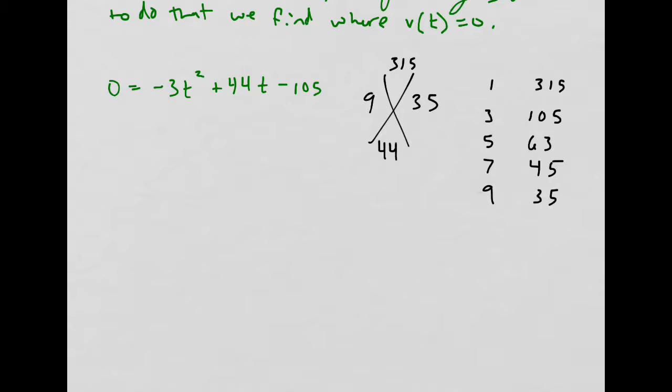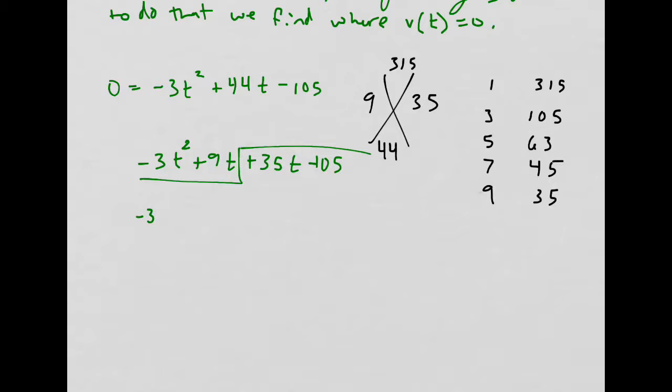So, we factor. This is the way I factor. You factor however you do it. But I have 3t squared plus 9t plus 35t minus 105. Group them up. I can take out a negative 3.